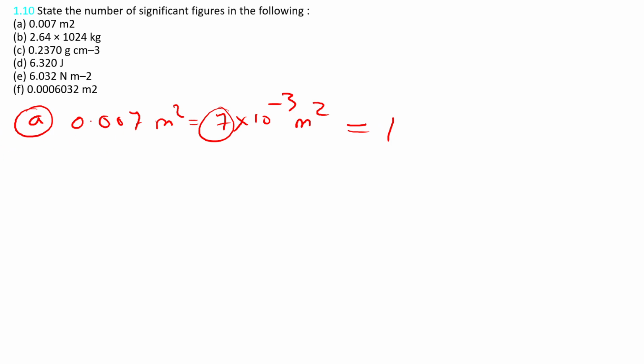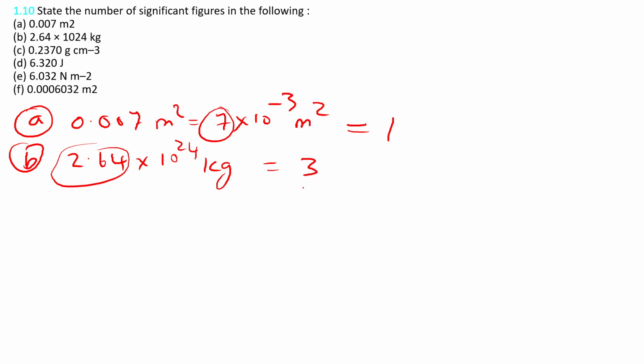Now option B, 2.64 into 10 to the power 24 kg. Again, we are not considering the power of ten, so the number of significant figures here is 3.